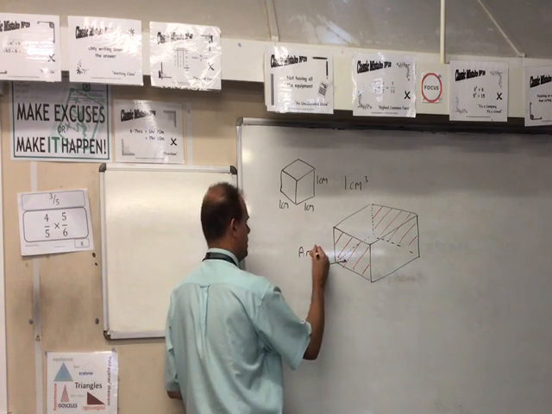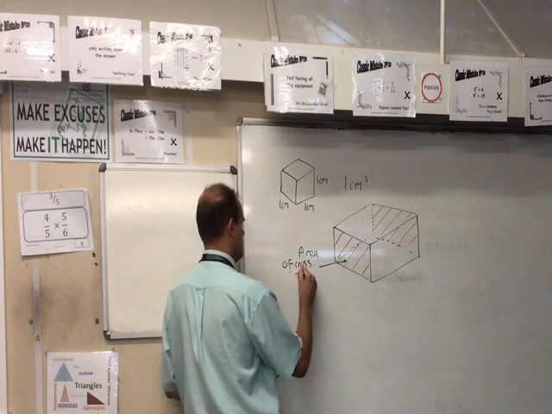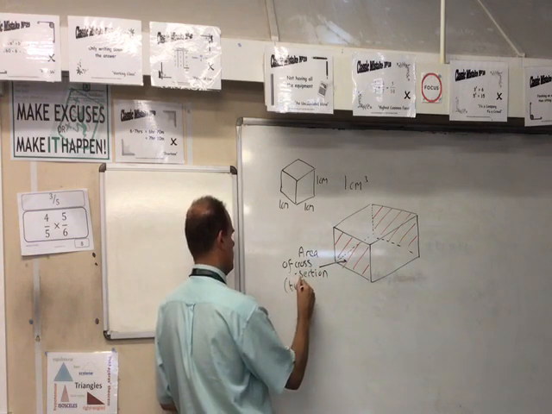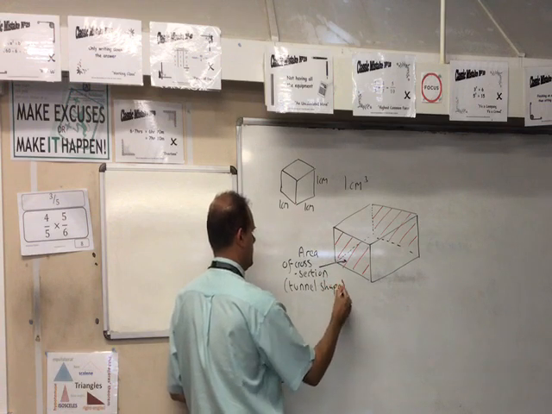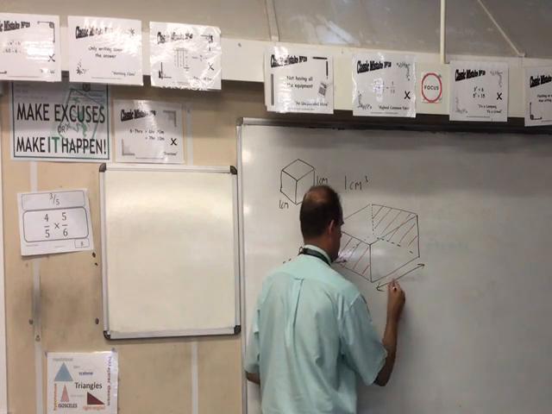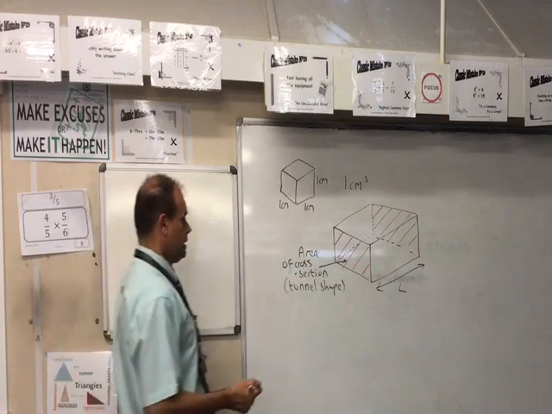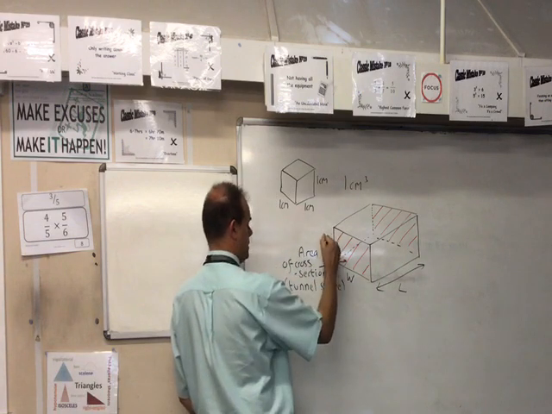So I'll put area there of the cross section. Okay, or I often call it the tunnel shape. And this is the length which it cross-sects along. In other words, it repeats itself across there. Now, if I call that the length, then this is the width of the cuboid and this is its height.